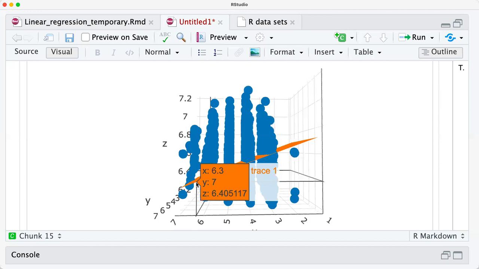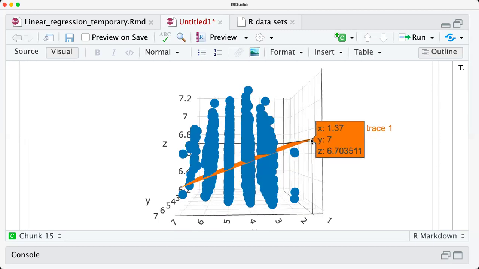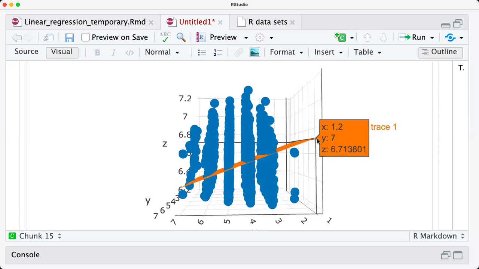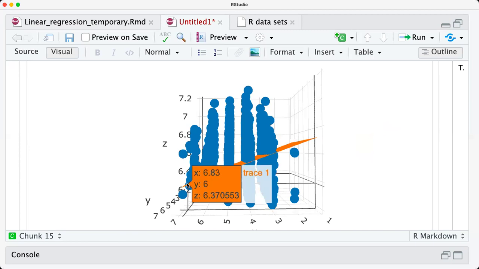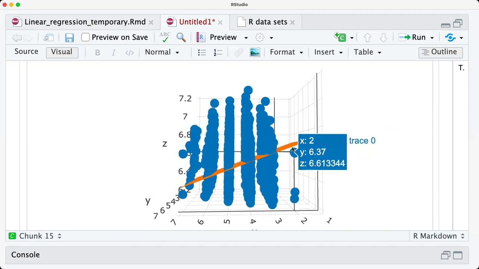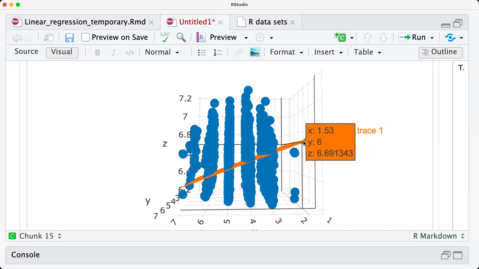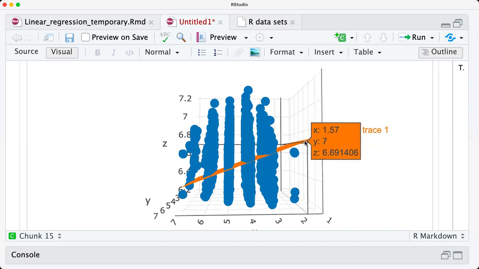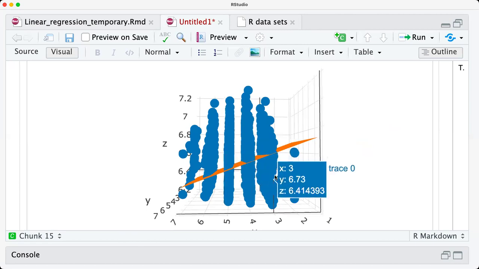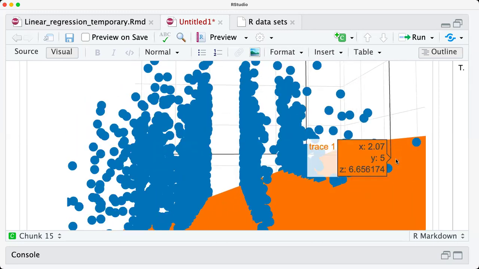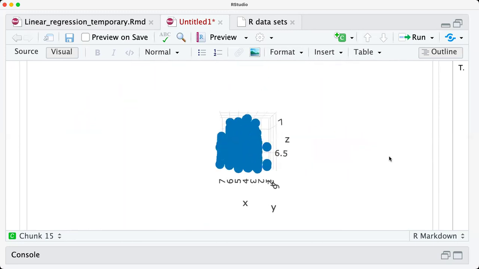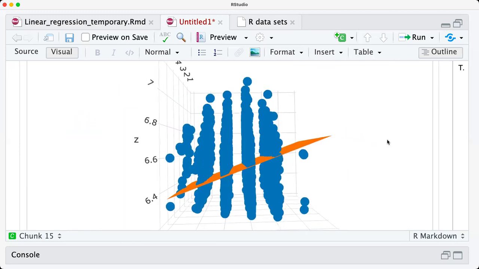x goes from 1 to 7 and z goes from 6.7 to 6.3, so 0.4 divided by 7, which is not that large.